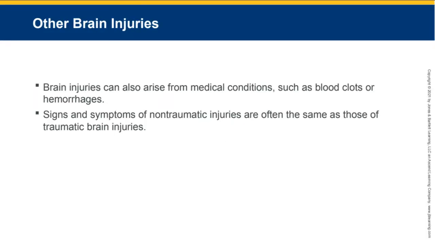Other brain injuries can also arise from medical conditions such as blood clots or hemorrhages. So a patient can get brain injuries from a stroke. Signs and symptoms of non-traumatic injuries are often the same as those of traumatic brain injuries.